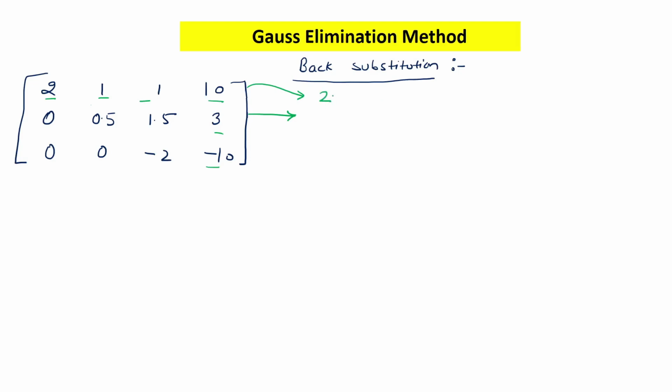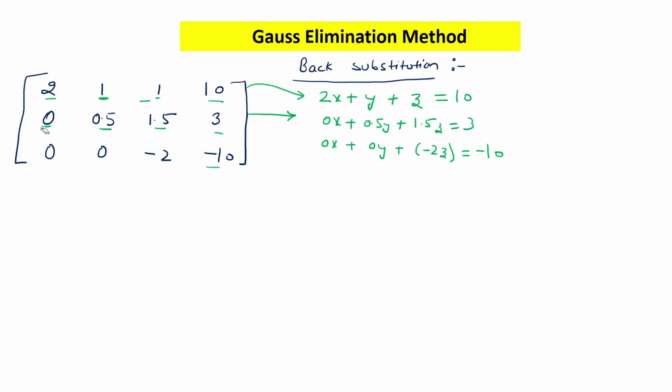So we write 2x plus y plus z equal to 10. In a similar manner, this is 0x plus 0.5 into y plus 1.5 into z equal to 3. And accordingly, we can write the third row.